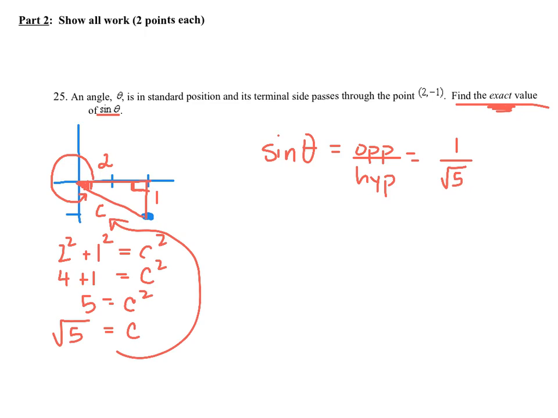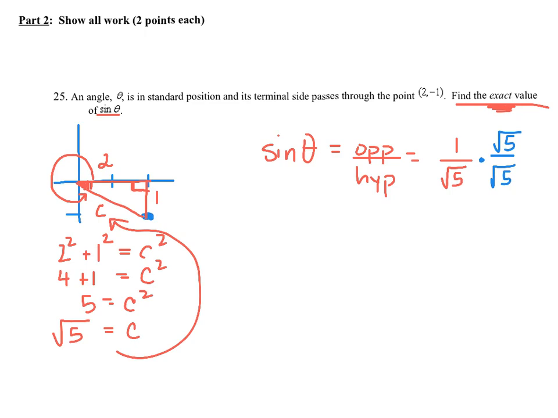Now we don't want to put this into the calculator and get a decimal value because it's asking for an exact value. And an exact value means leave it as a fraction, or in this case we want to leave the radical in there. But the problem is we can't have a radical in the denominator. We have to rationalize it. So remember, the way that we do that is multiply the denominator by itself. But what you do to the denominator, obviously you need to do to the numerator as well.